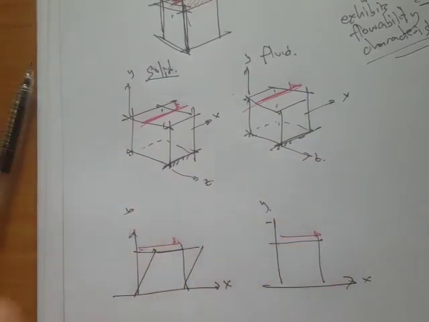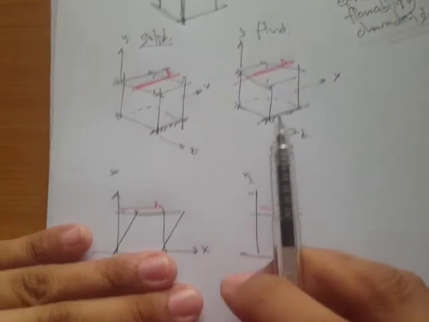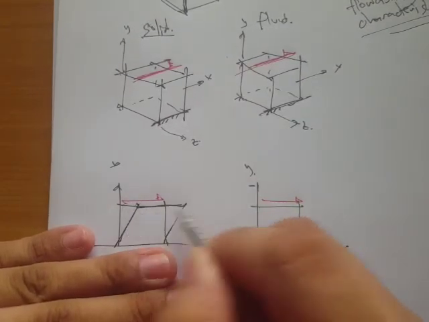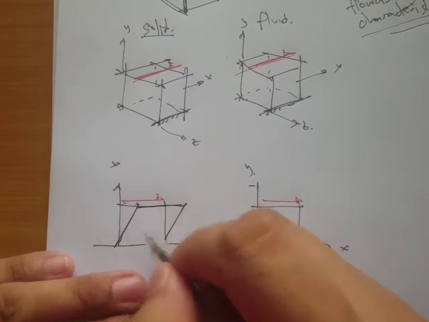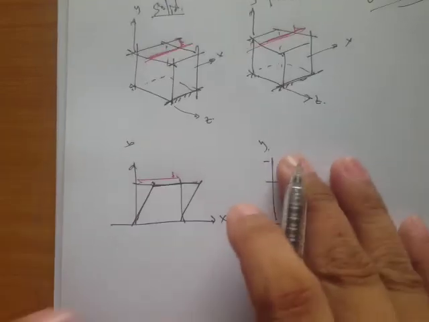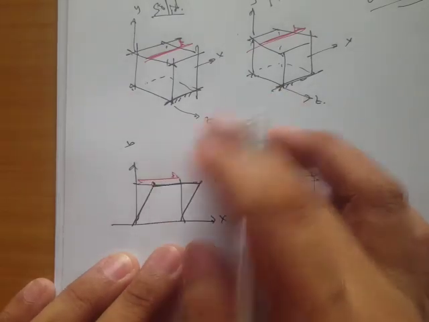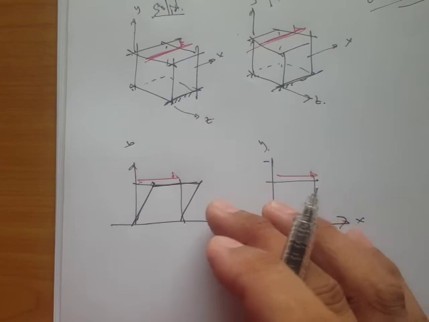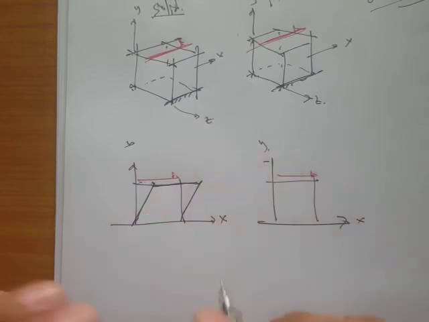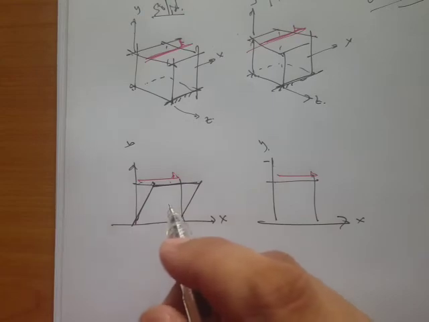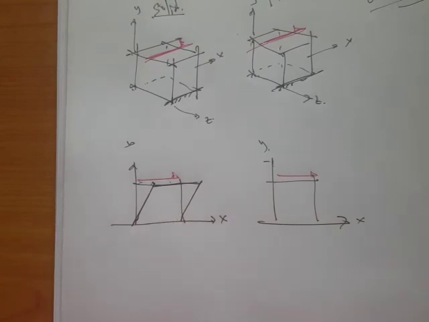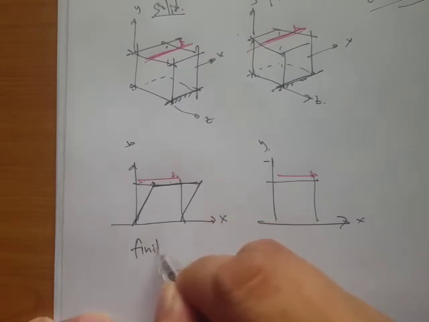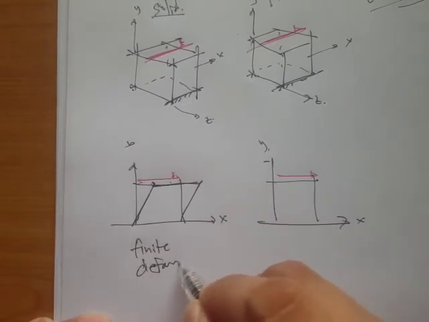So if you apply a force, then because it is restrained at the bottom, what you get is a translation at the top layer. All right, so once you remove this force, it will go back to its original shape, or slightly go back to its original shape, right? Depending upon if the yield strength is reached. Okay, so for solids we have finite deformation.